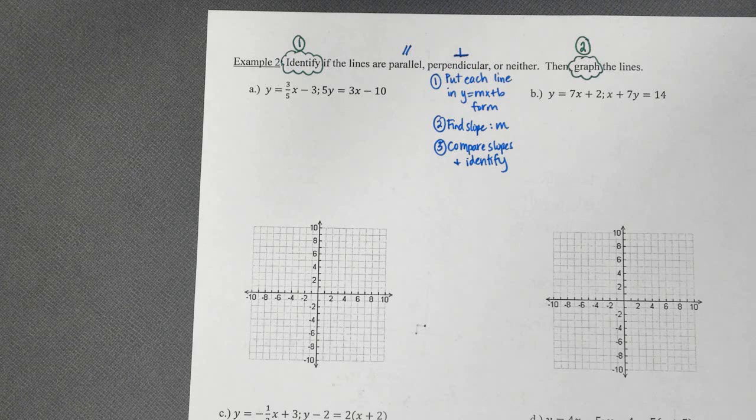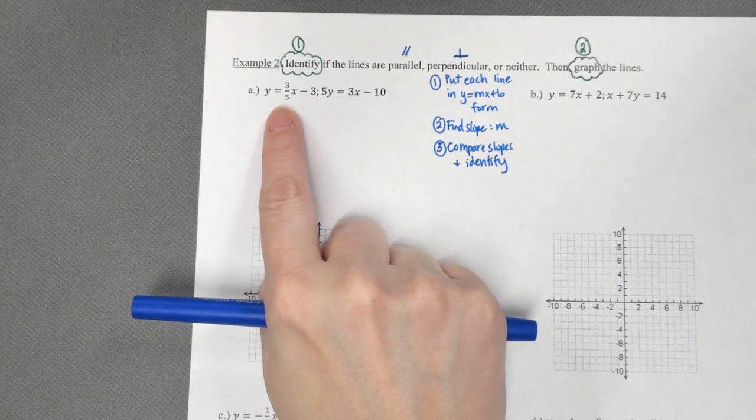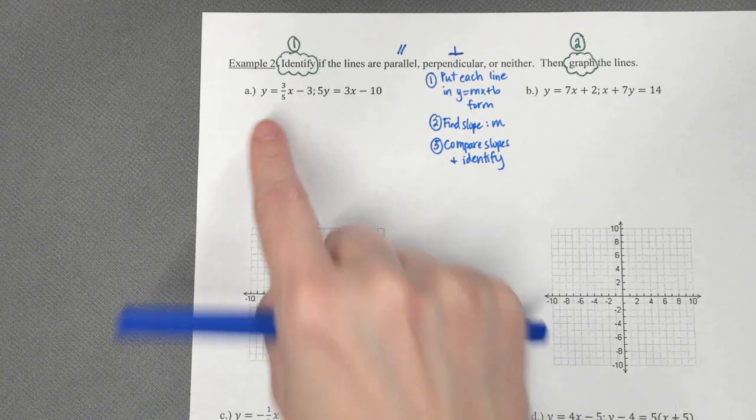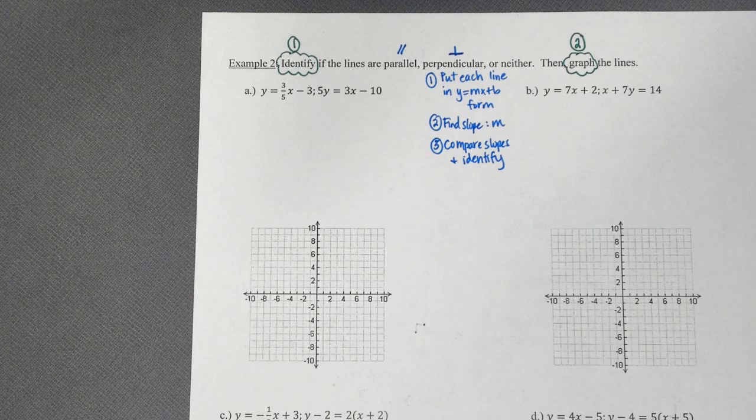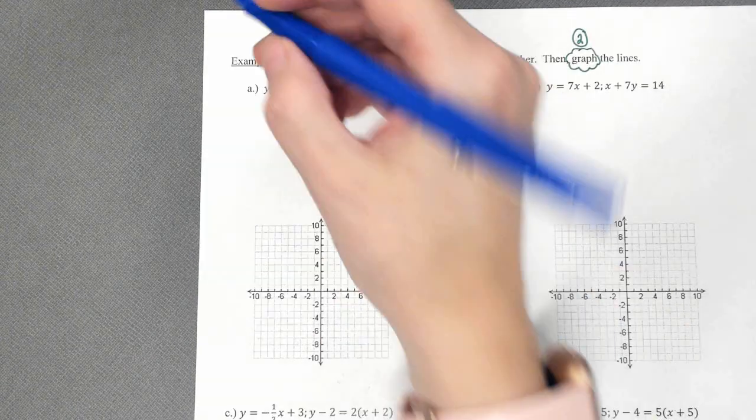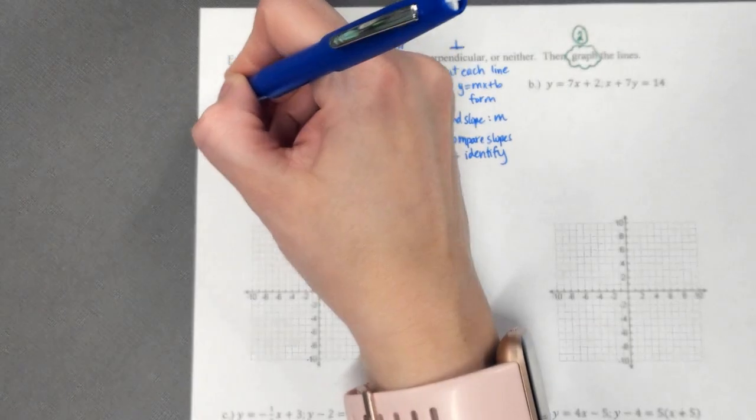Well, this one we're doing together. The first one. Okay. So when you are putting it in y equals mx plus b form, sometimes you already have it. Every time you're given two lines, we are going to call these lines L1 and L2. Okay, so this is the first line.